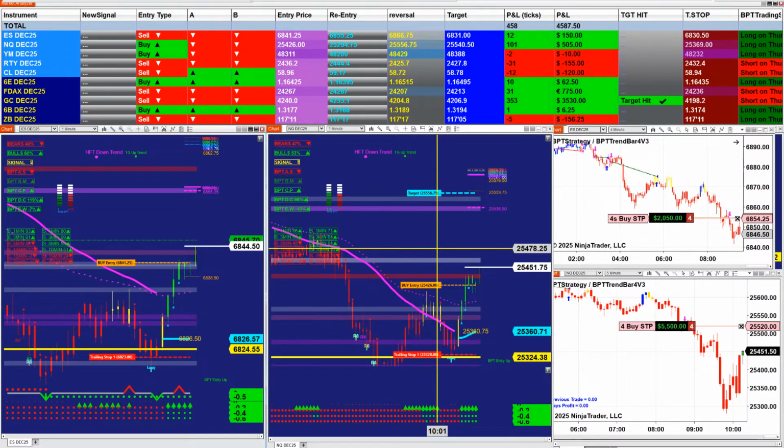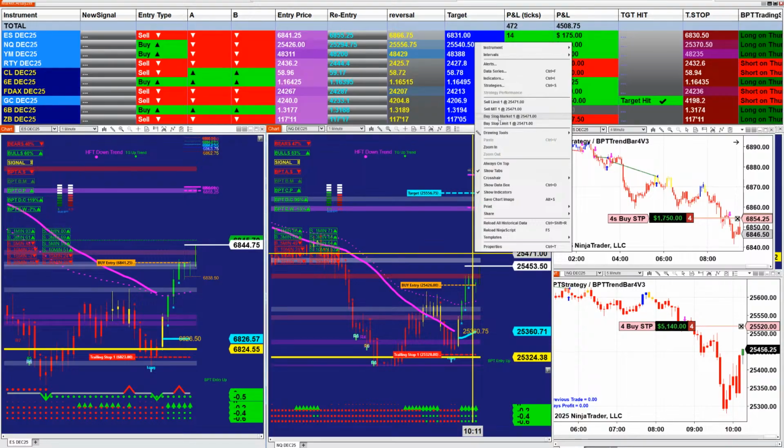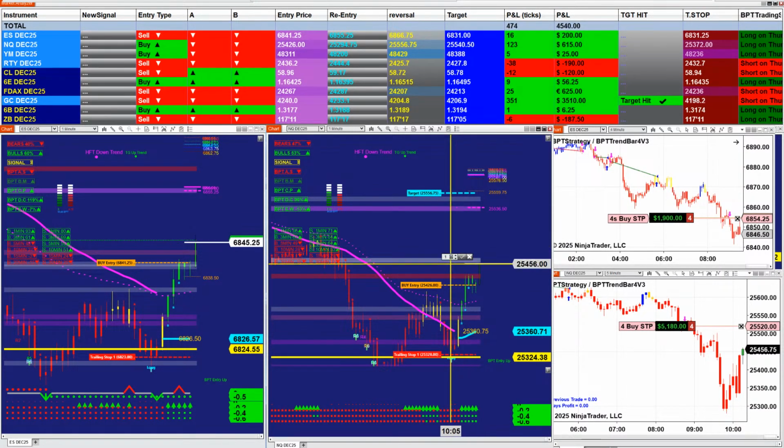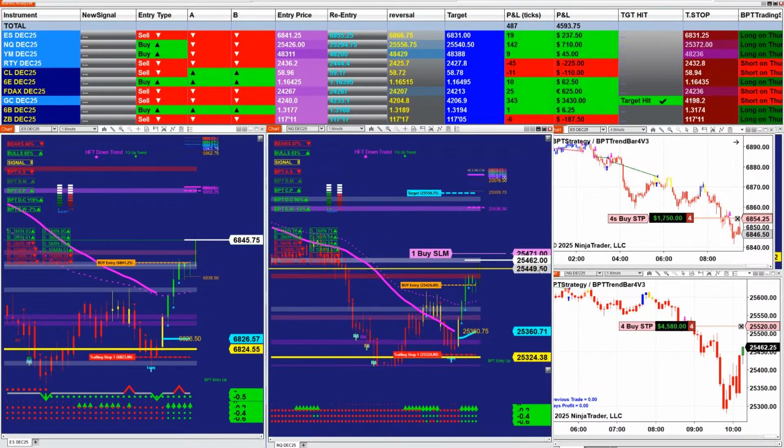Okay, there we go. We have a takeoff on the Nasdaq. On the Nasdaq, you need to put the buy position right here at 25471.